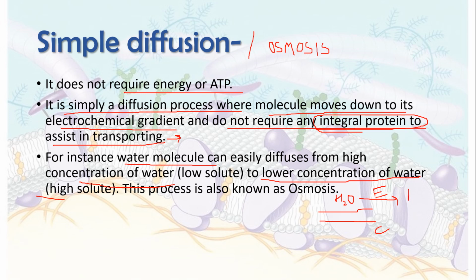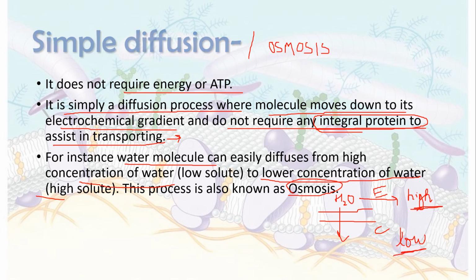It tries to diffuse from its higher concentration to lower concentration. In the cytosol, the concentration of water is low, so it can easily diffuse through the cell membrane. This process is also known as osmosis. Basically, osmosis is a process by which a molecule tends to move from its high concentration to low concentration.